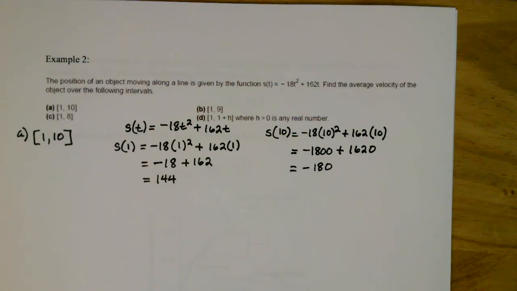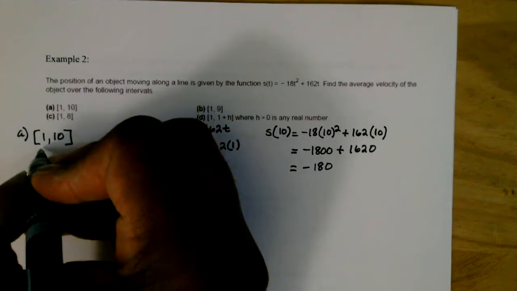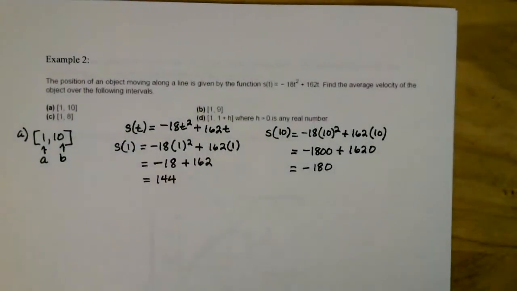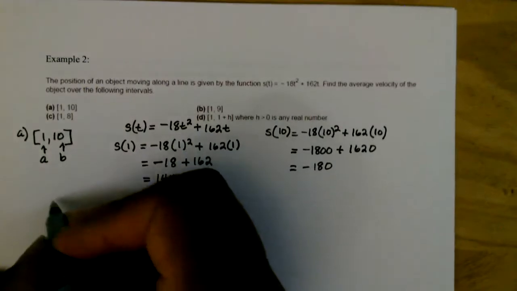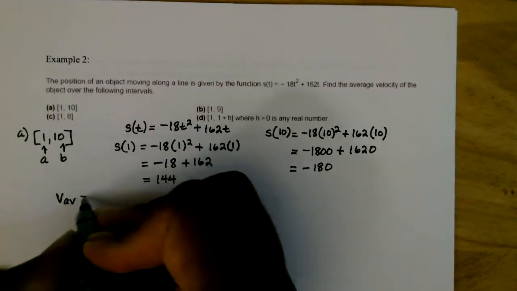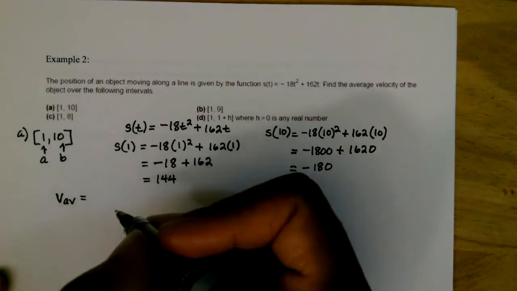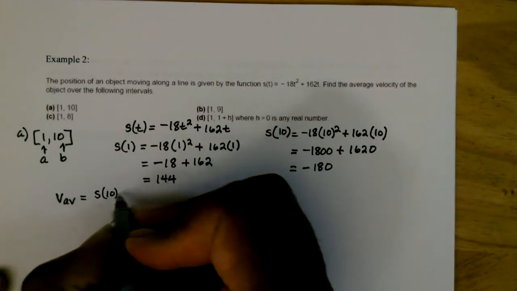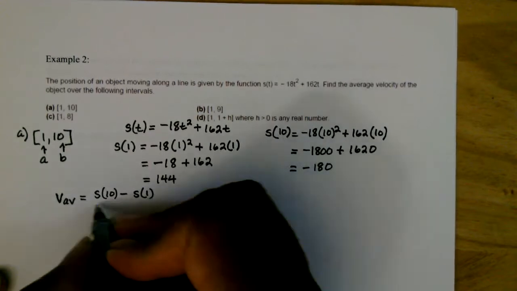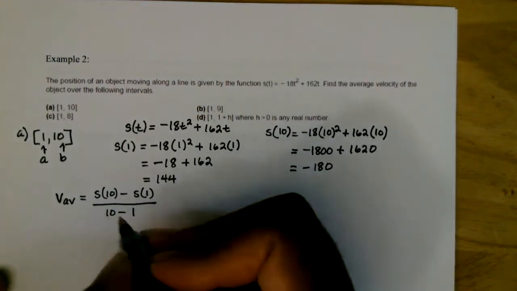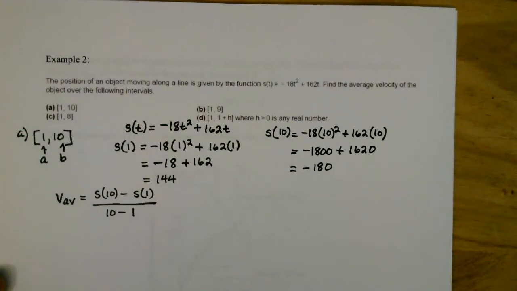Now I know what S of 10 is, and I know what S of 1 is, and in this case, A is 1 and B is going to be 10. So now I can find the average velocity using this formula, V sub AB. That would be S of 10 minus S of 1 divided by B, which is 10 minus 1.